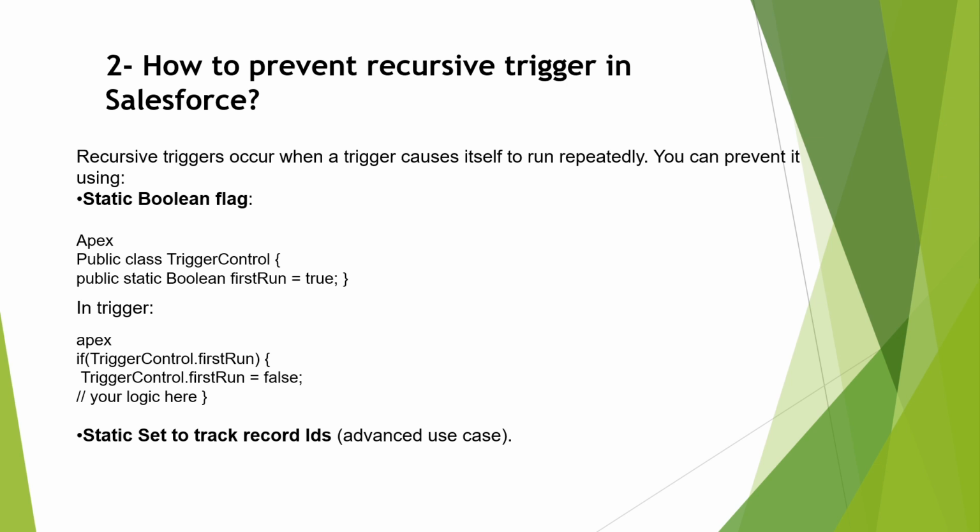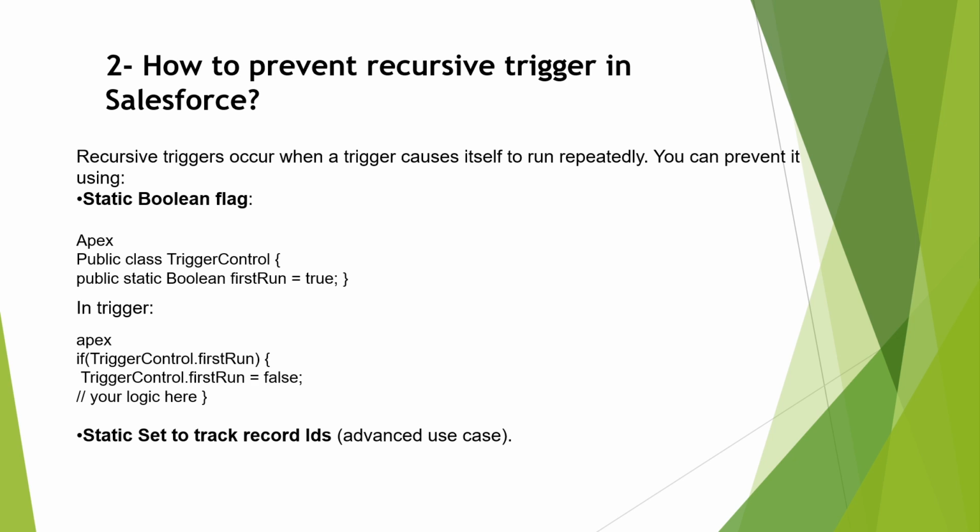Apex class. The class name is TriggerControl, and in that we use the static keyword: public static boolean firstRun equal to true. So it will check whether the first run has happened. If it returns true, then it will stop and prevent the recursive trigger.